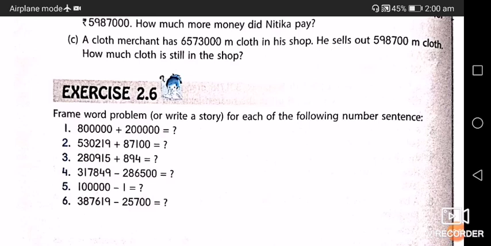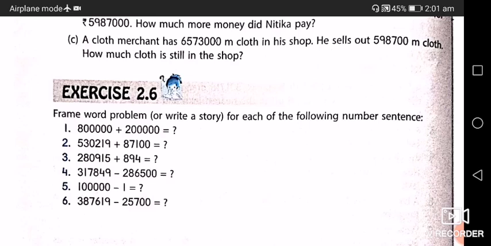Now one example I am going to take from difference, and tomorrow again we are going to do this framing of word problems. Now question number 5, that is 1 lakh minus 1. So a simple one is, what is the difference between 1 lakh and 1? This one is the simple one.